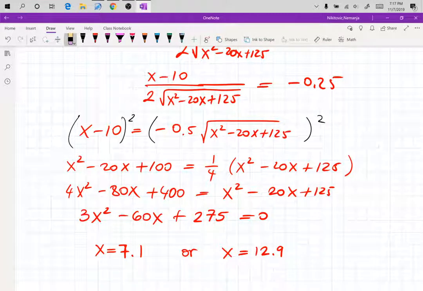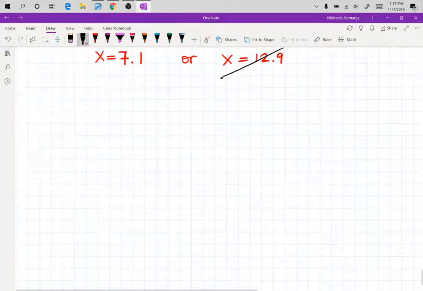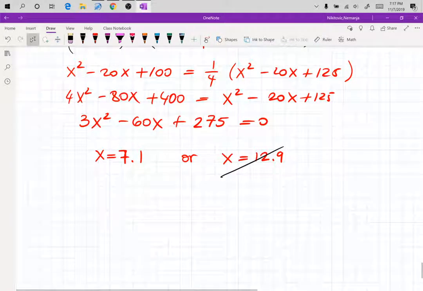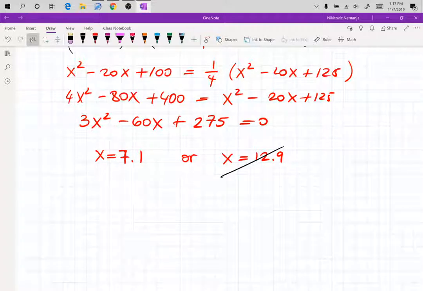Well, do we remember the problem? The whole shoreline was how long? 10. So can we have 12? No. So that's the one that goes to garbage. And we have that x is 7.1 miles.